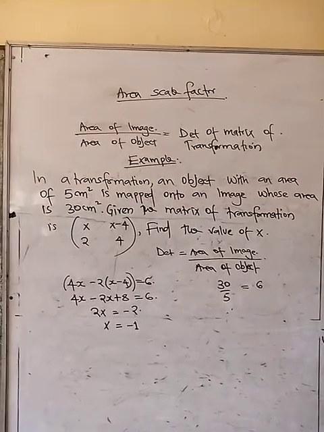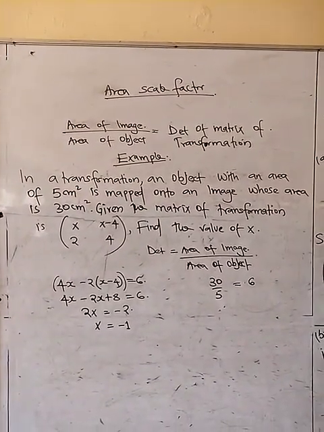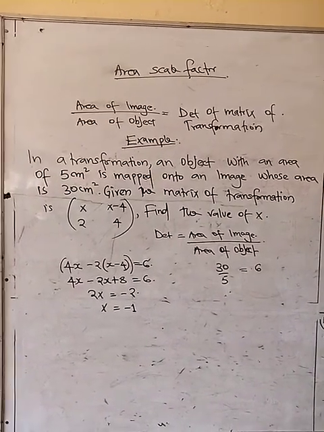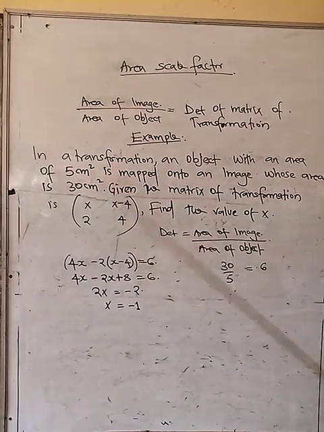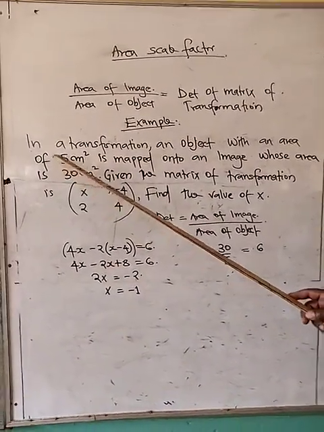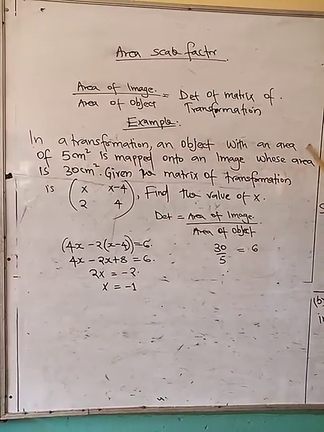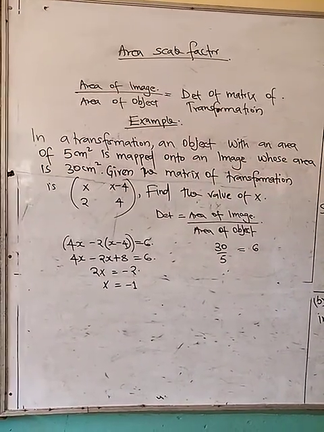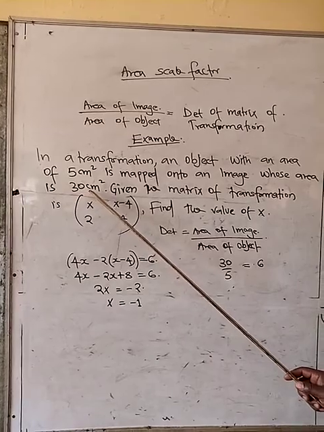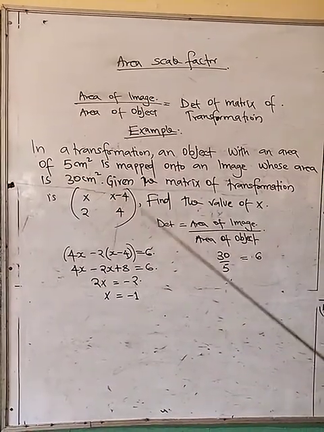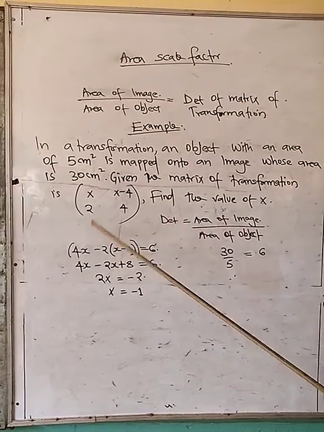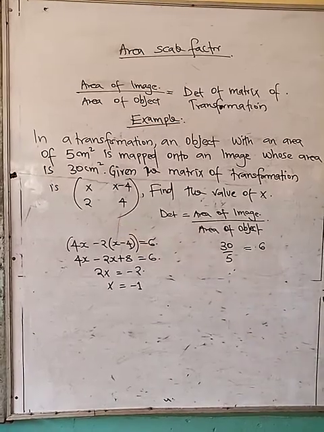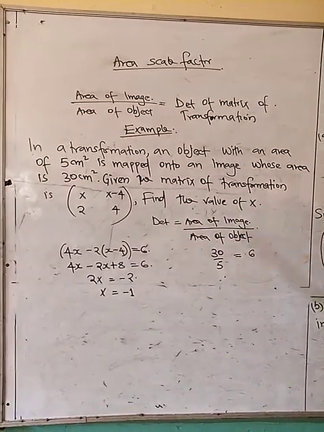Looking at the example given, in a transformation an object with an area of 5 square centimeters is mapped onto an image whose area is 30 square centimeters. Given that the matrix of transformation is x minus 4, 2, 4, find the value of x.